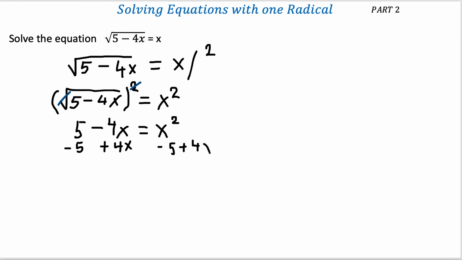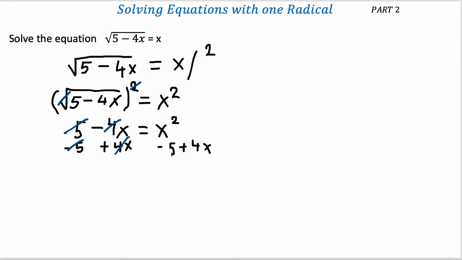And when we subtract 5 from both sides and add 4x, this cancels everything. Those cancel, and now I have adjusted this equation.